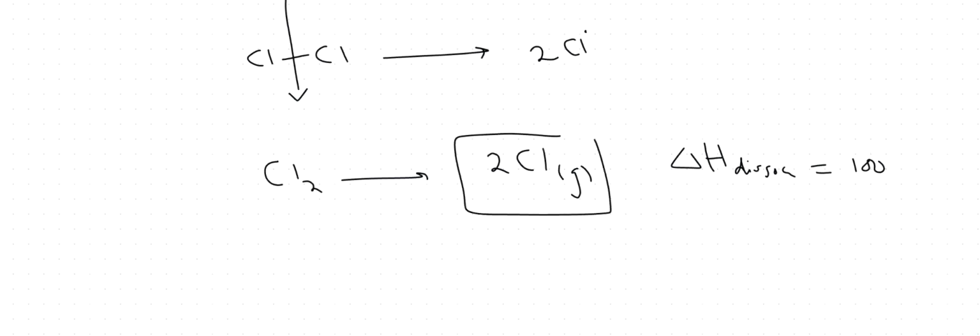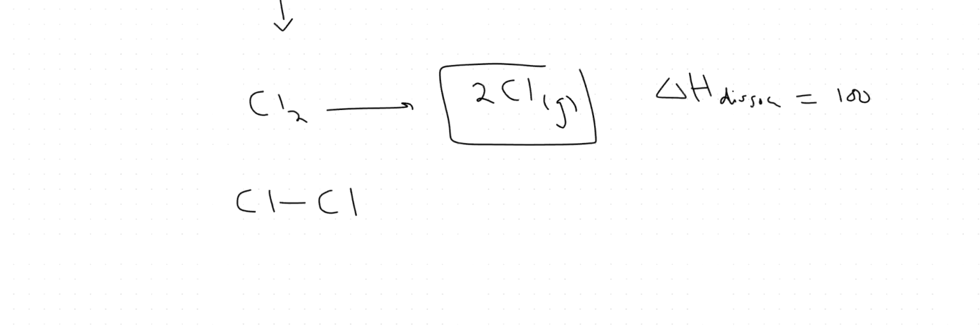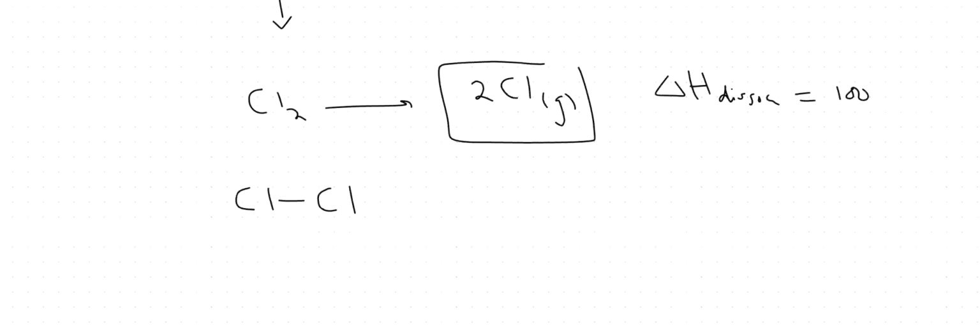But in basic form, we can say that we were breaking 1 chlorine single bond, so we needed 100 kilojoules of energy. It is similar to enthalpy of atomization, but in atomization we had only 1/2 Cl2, and it was creating only 1 chlorine atom at a time.